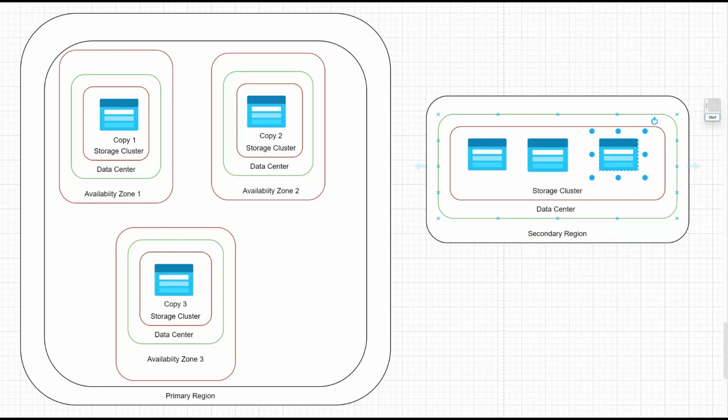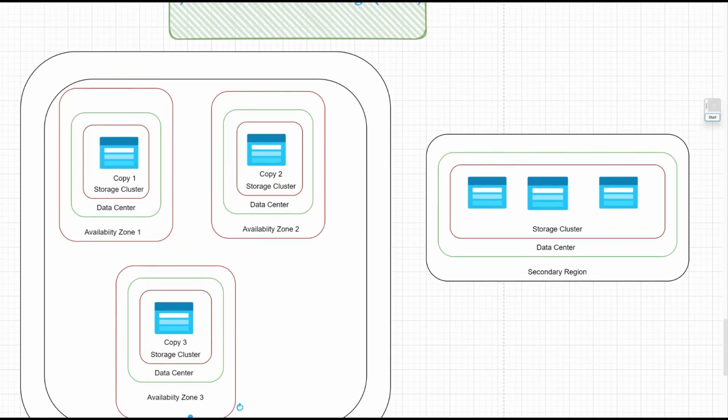So we can say that it will offer you enhanced disaster recovery and high availability. But the limitation is that failover to a secondary region, again, requires manual intervention. Apart from that, your data is already copied three times into three data centers in the primary region.